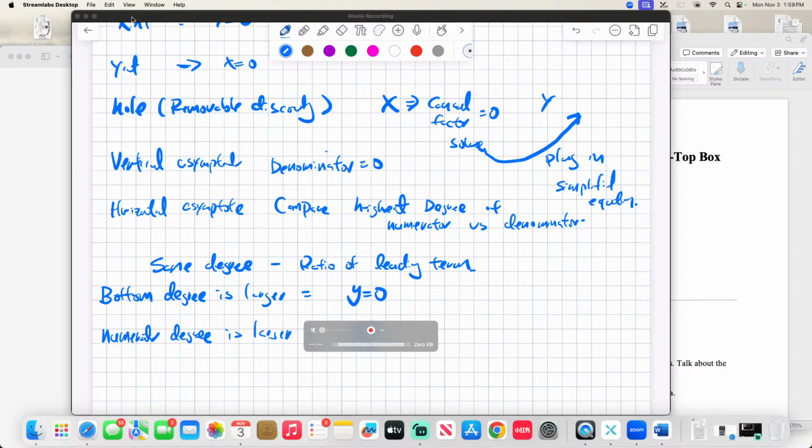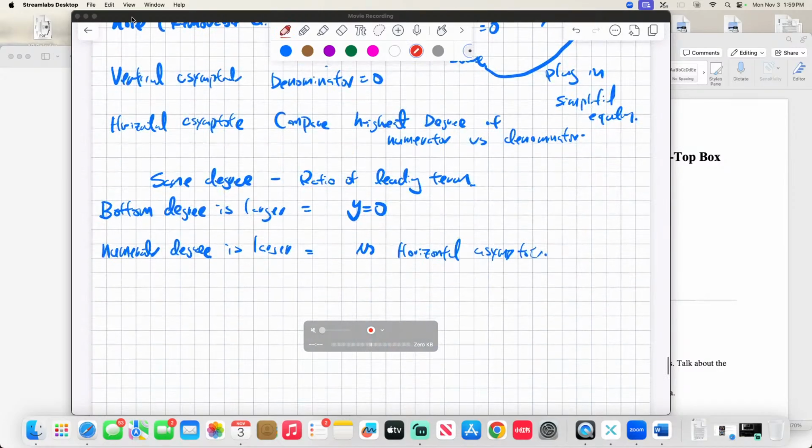Then there is no horizontal asymptote. We are going to talk about that. I'm glad that you mentioned that. When the numerator is larger, it's possible you get a slant asymptote.